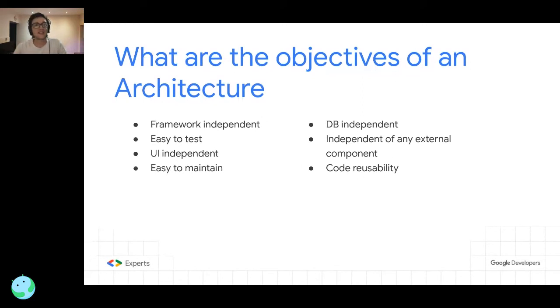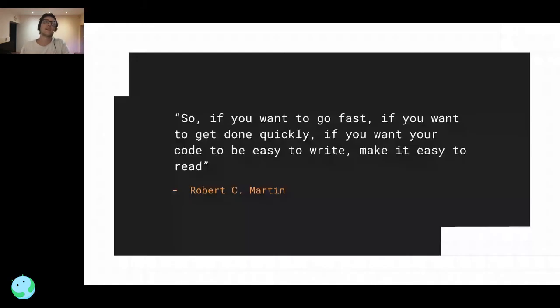But there is a nice quote from Uncle Bob that says, if you want to go fast, if you want to get done quickly, if you want your code to be easy to write, make it easy to read. So we also need to write code that is easy for others to read. In the first place, we use clean architecture to define a clean way to write code for us, but also a clean way to let others read our code and understand it.